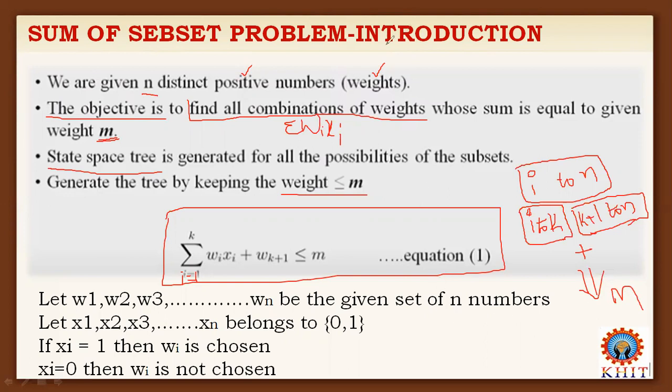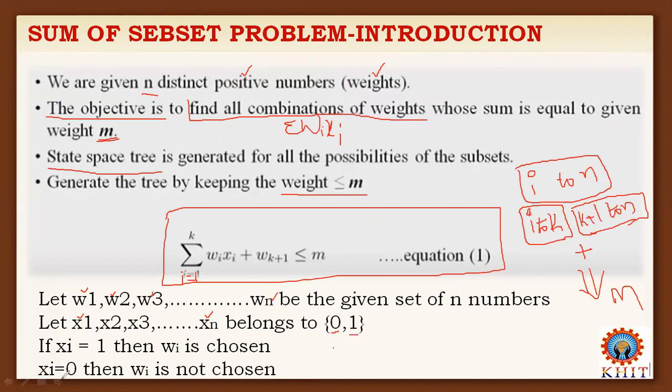So this is the sum of subset problem. Here W1, W2, W3 up to Wn are the weights of the individual elements given in the problem, and x1, x2, x3 up to xn indicate whether we select an item or not, which depends on the value 0 or 1.